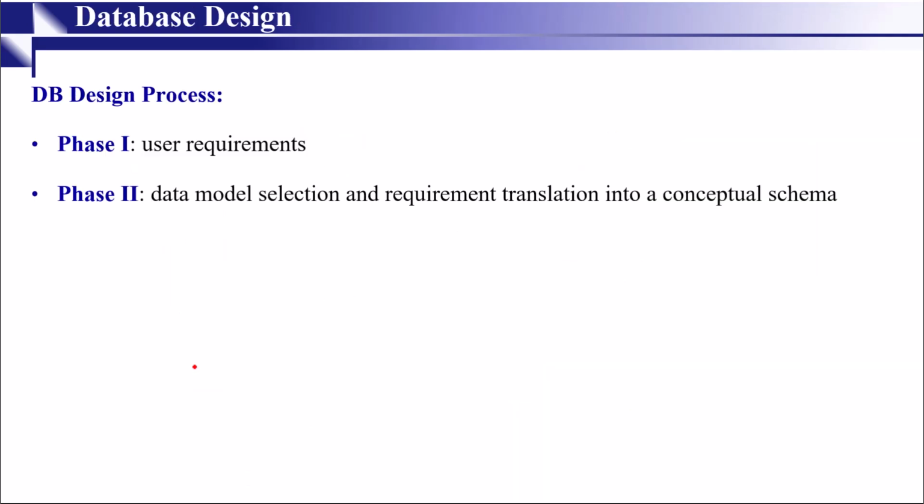Now we are at the stage of designing a database. Database design is in two phases. Phase 1 is user requirements, and phase 2 is data model selection and requirement translation into a conceptual schema. In fact, the task of creating a database application is complicated. We need to design a database schema, design the programs that access and update the data, and also design a security schema to control access to data.